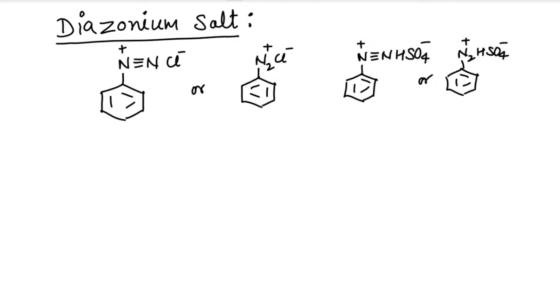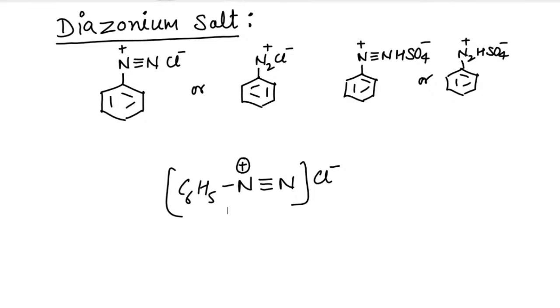So the structure of diazonium salt is like C6H5-N triple bond N, Cl negative, and this N gets a positive charge. Why? Because here nitrogen forms 4 bonds.